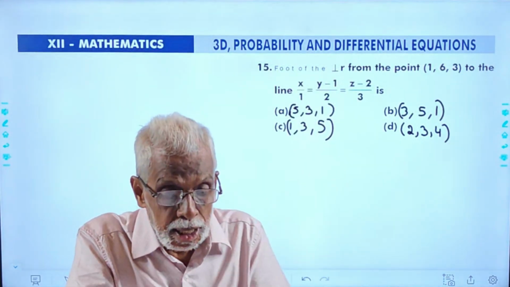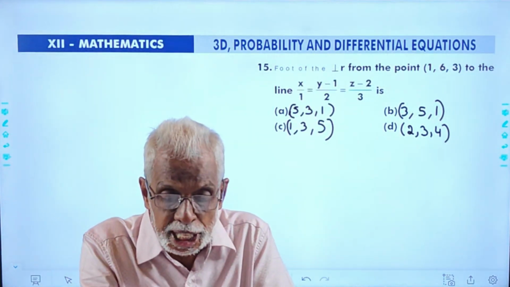50th question. The foot of the perpendicular from the point (1, 6, 3) to the line.